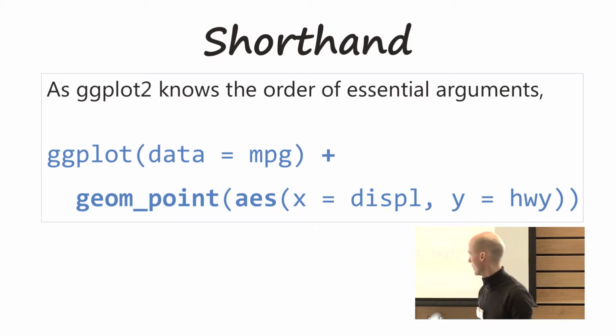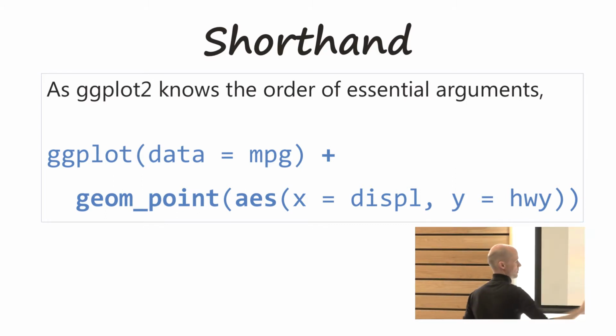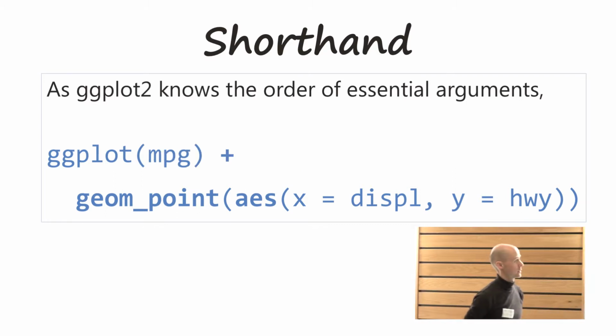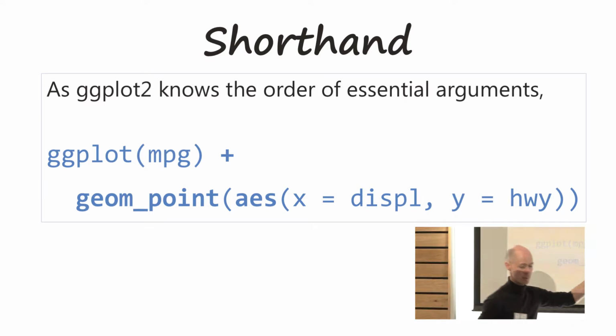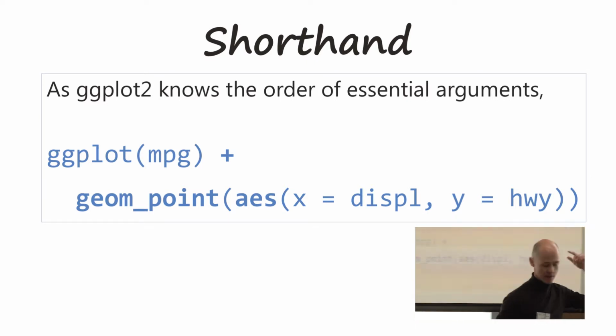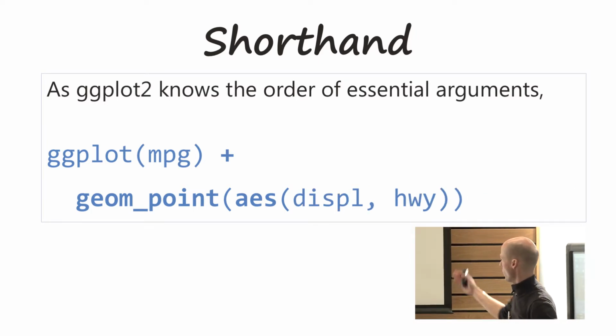So instead of writing explicitly data equals mpg, you could just type mpg there, and instead of having x equals displacement, y equals highway, or hwy, you can just type the x first, the y second.